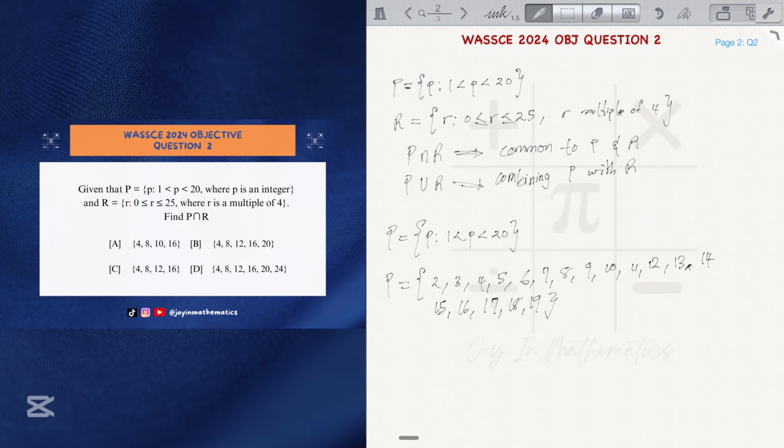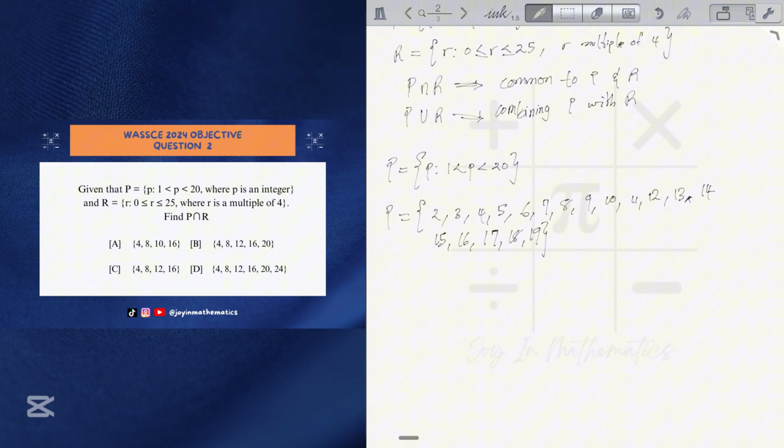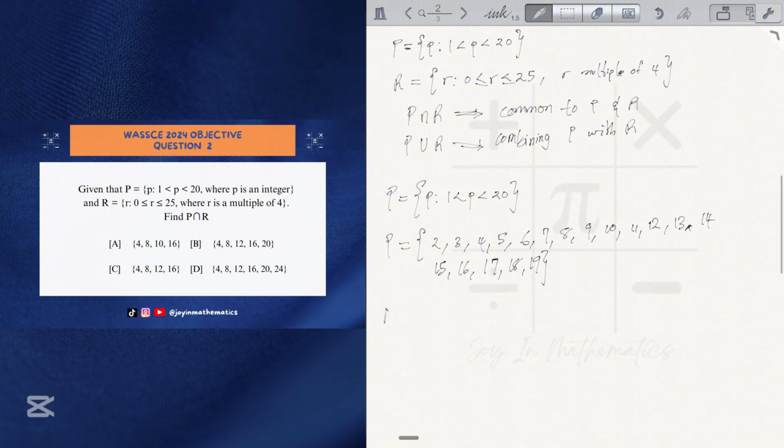Moving on, let us now evaluate the components of R. We are given that R is greater than or equal to 0 and less than or equal to 25, where R are multiples of 4.